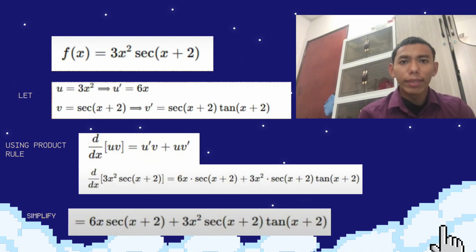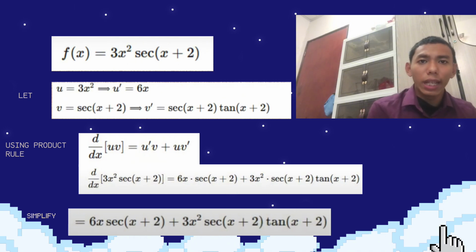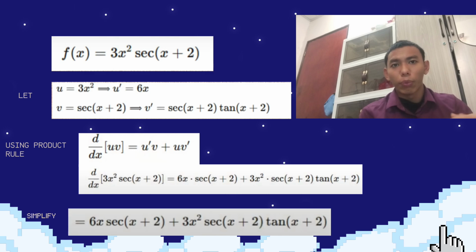So we just put the terms that we identified just now into the formula, which gives 6x times sec(x + 2) plus 3x squared times sec(x + 2) tan(x + 2).